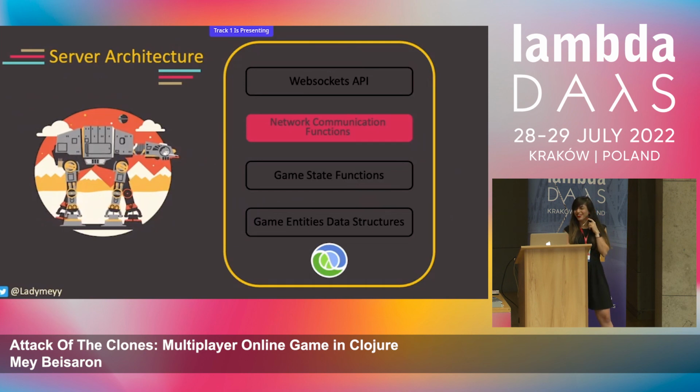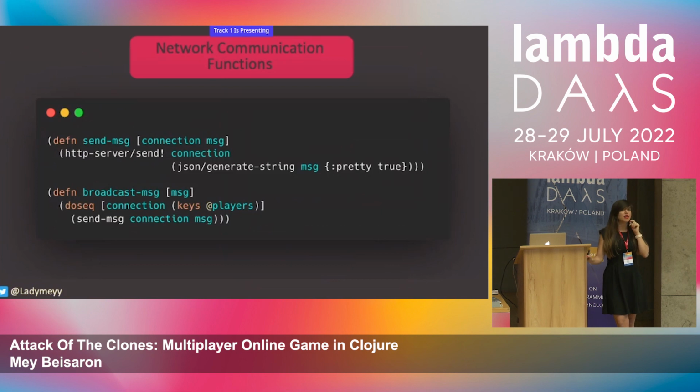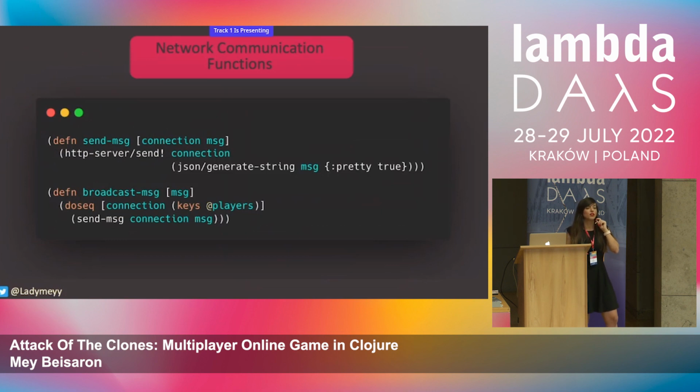Because I do. Okay. All right, so you remember these two functions which I showed you before, and these functions wrap the Websockets API that we have in Clojure. So we have the send message, which actually sends the message to a specific connection, and then we have the broadcast message, which I already told you is sending the same message to all of the clients. Now, again, look at what I'm doing here.